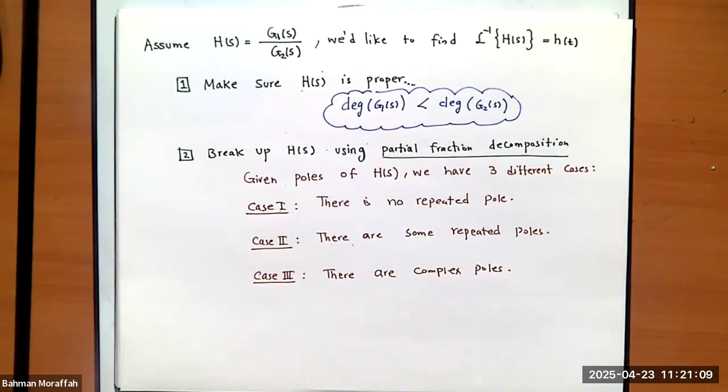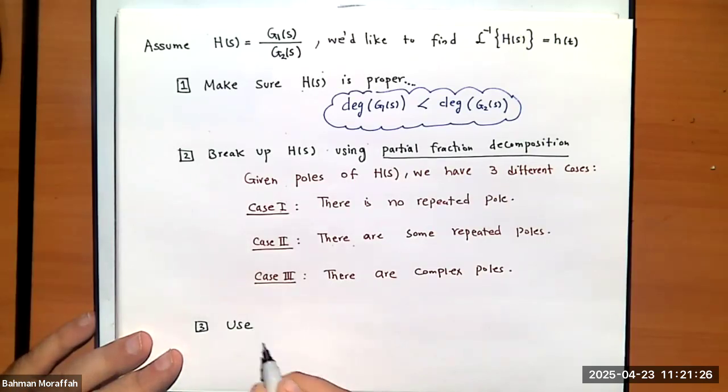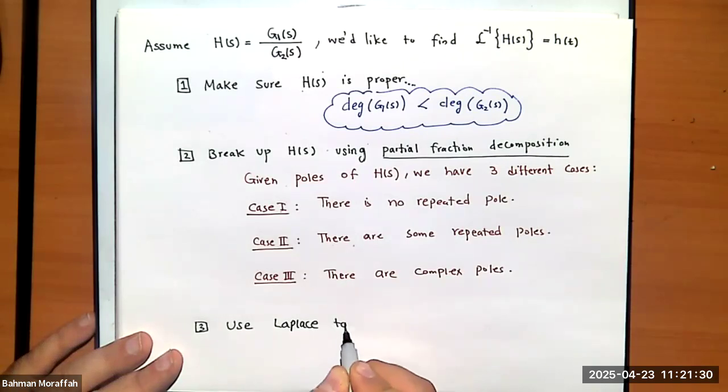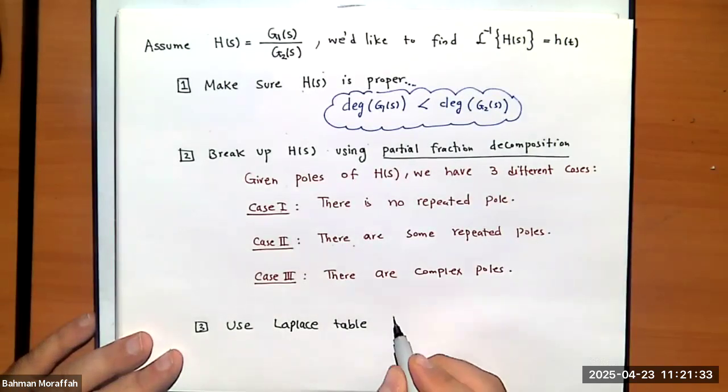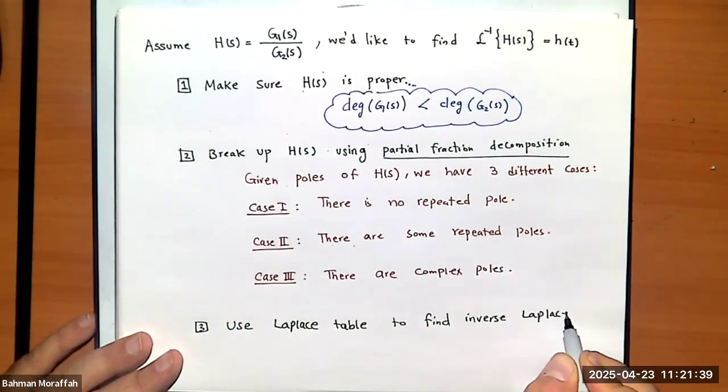If I know how to take care of these three cases, I know exactly how I can decompose my H of s into simpler terms, and then I can use the table and convert it back to time. So step three is to use the Laplace table to find the inverse Laplace.